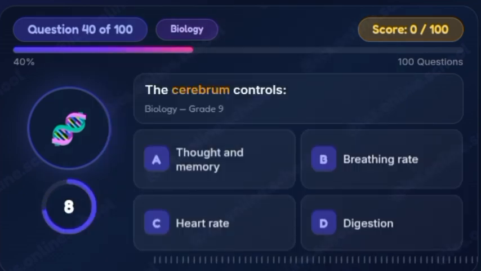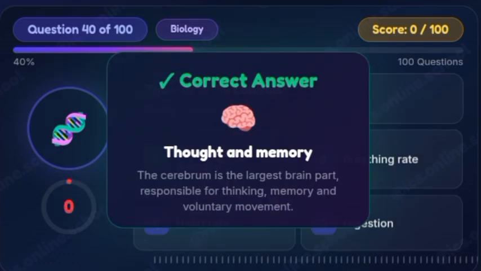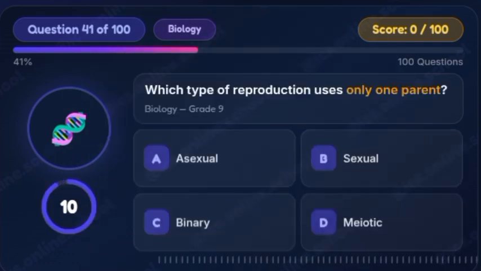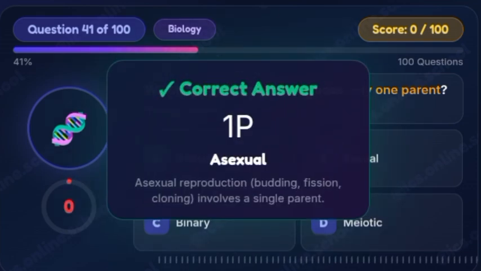The cerebrum controls what? Thought and memory. Which type of reproduction uses only one parent? Asexual.